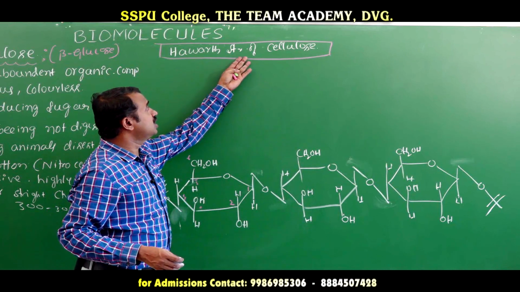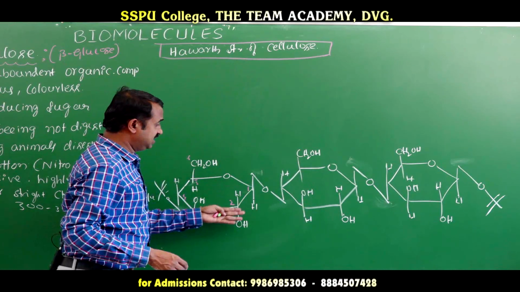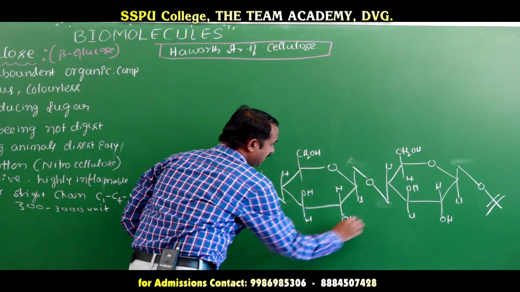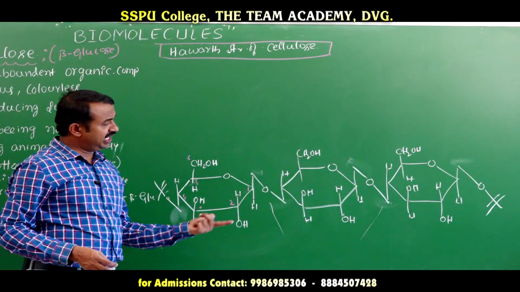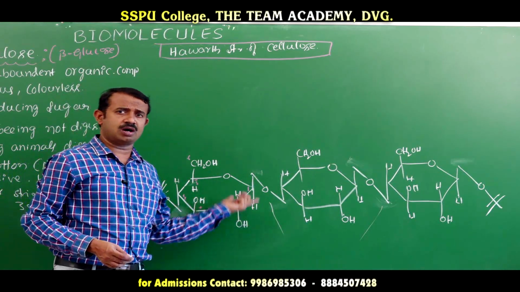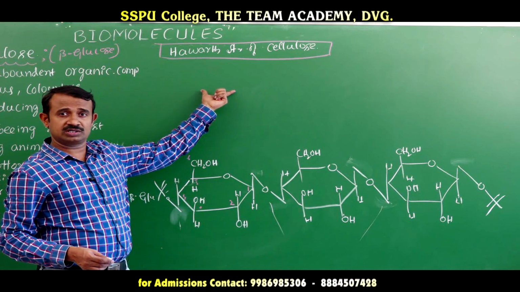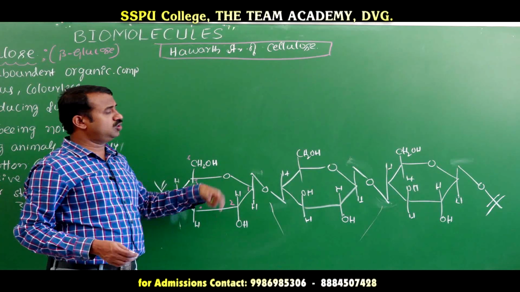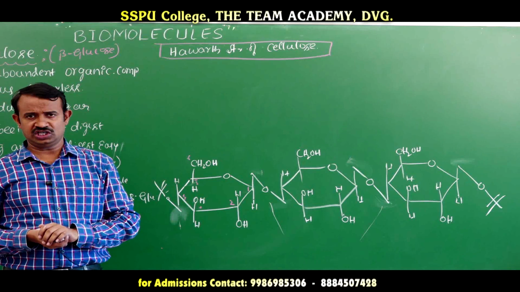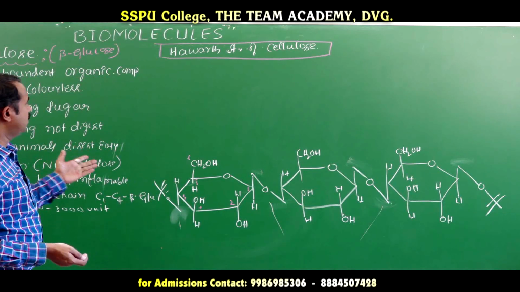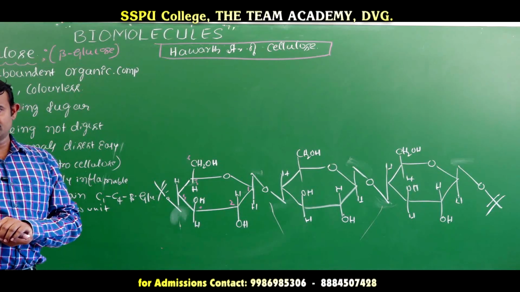Sorry, this is also the structure of cellulose. The link between them is a beta link. Okay, this one, or the earlier one I showed, is also cellulose. Both have the structure of cellulose. Okay, this is the important structure of cellulose.